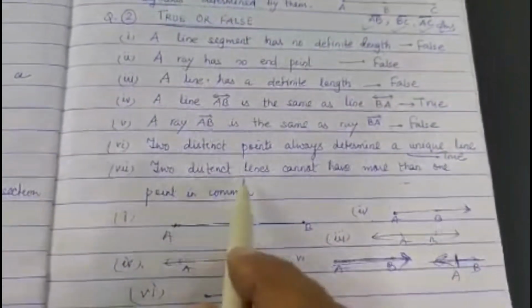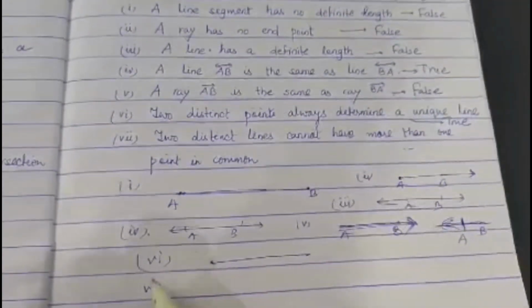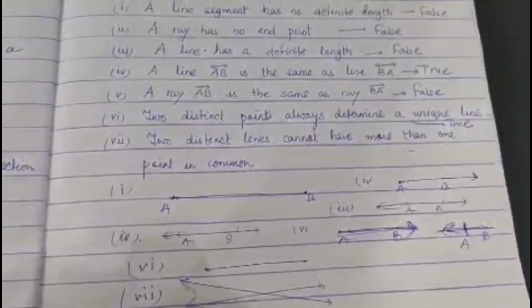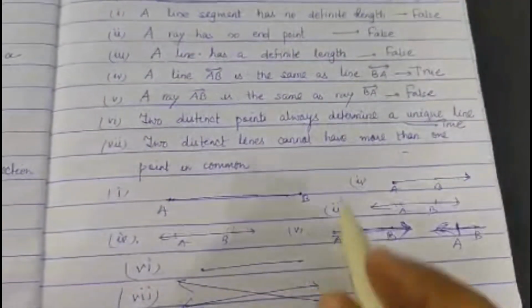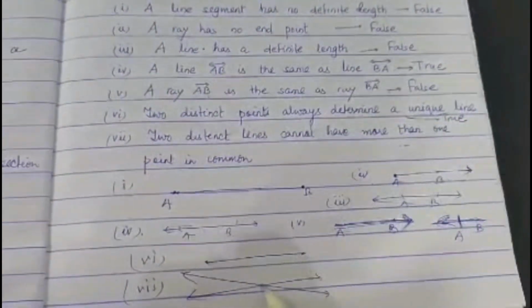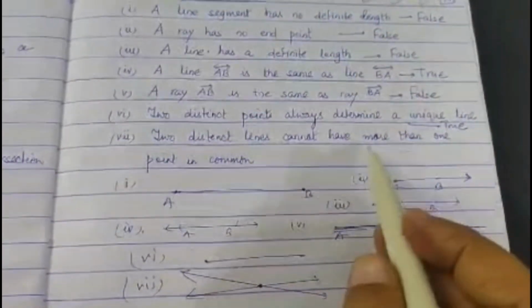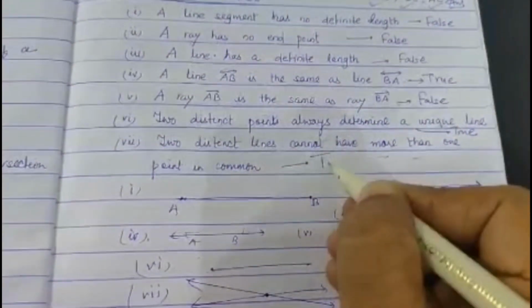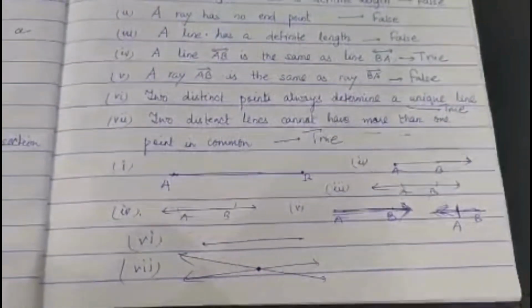Seventh, two distinct lines cannot have more than one point in common. Let us suppose two distinct lines. They will have only one point in common, and it is given here cannot have more than one. So this is true.